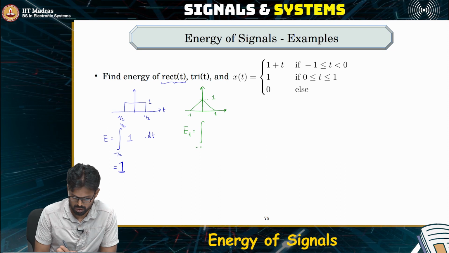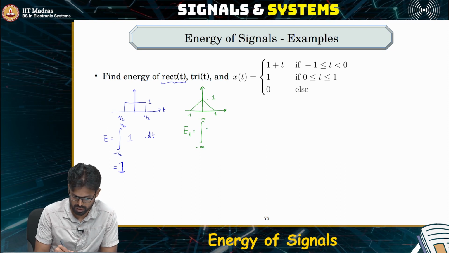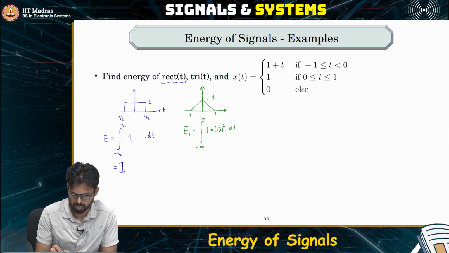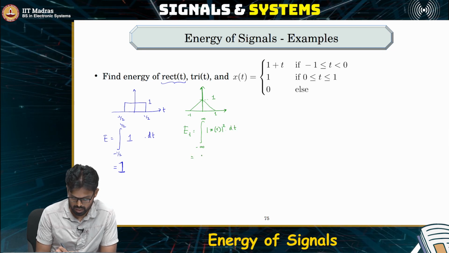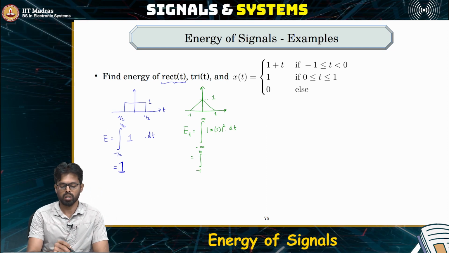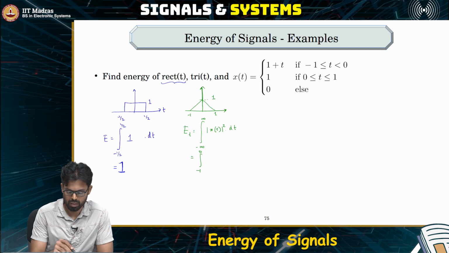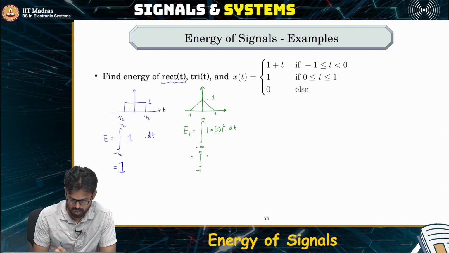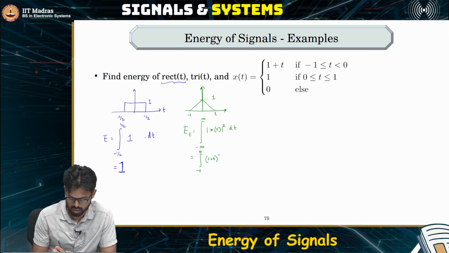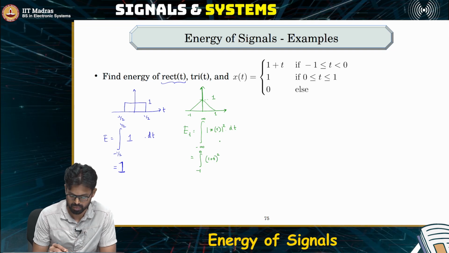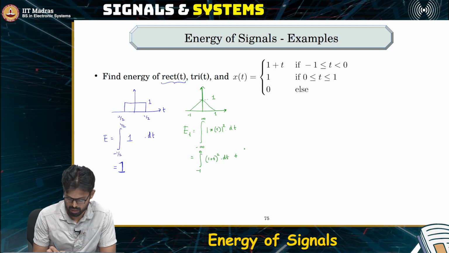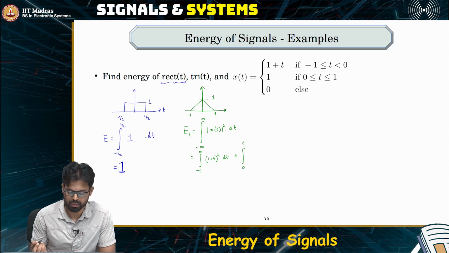This is from minus infinity to infinity, the same thing. So we'll split that into minus 1 to 0. And what is the magnitude in this interval? In this interval it is 1 plus t whole squared, plus 0 to 1.